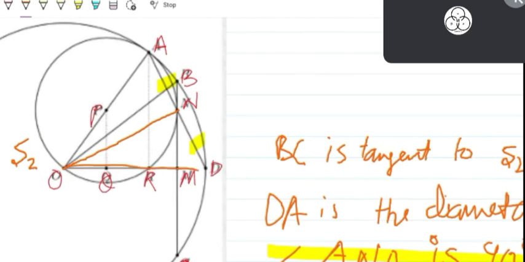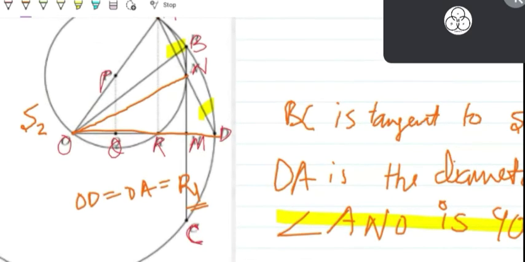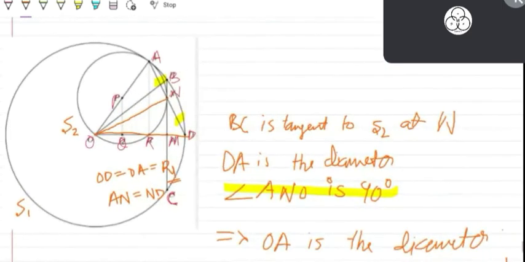We can join OD, right? So OD equals OA equals the radius of the circle S1, say R1, and AN equals ND, which is given in the question, and ON is common to both.